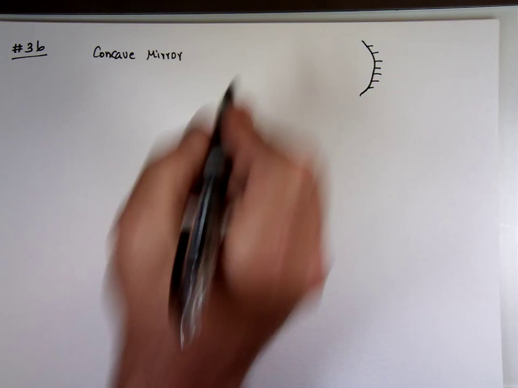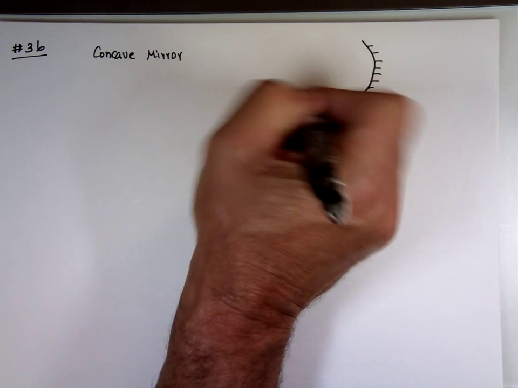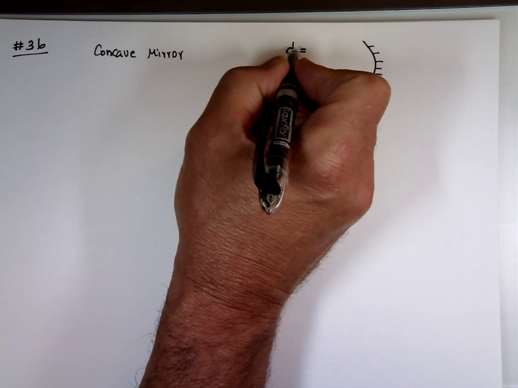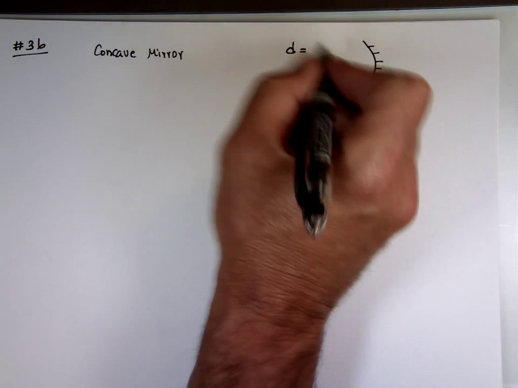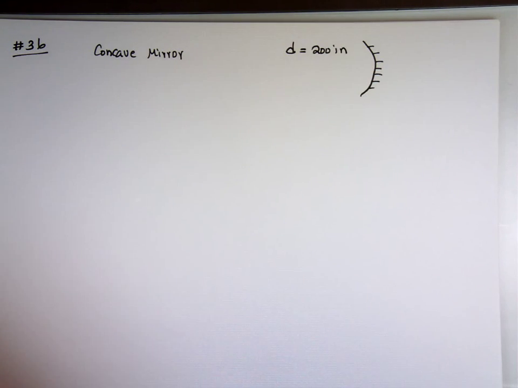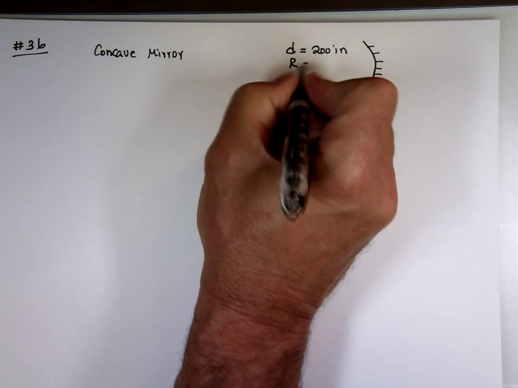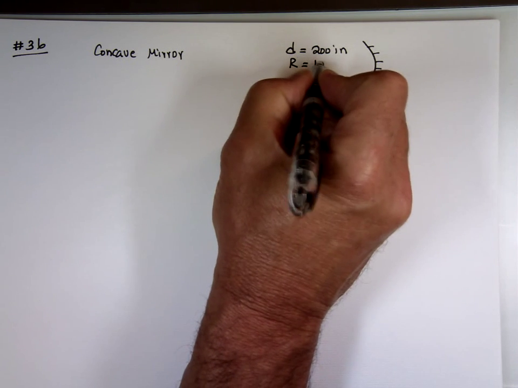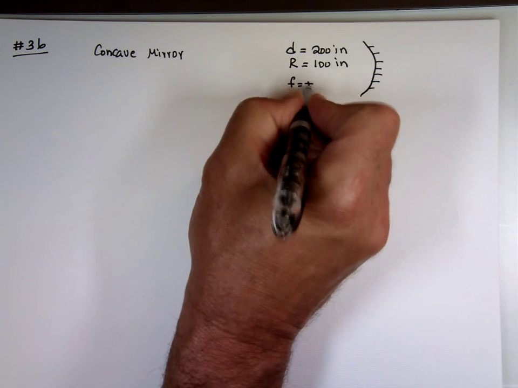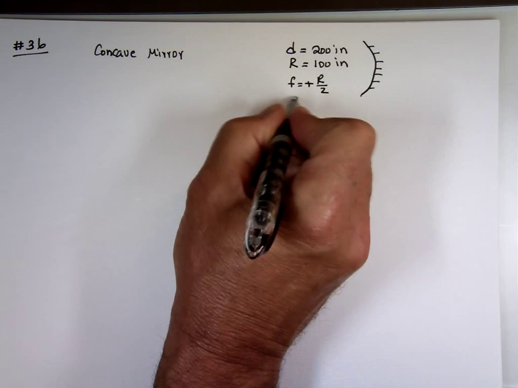It comes from a sphere that has a diameter equal to, wow, 200 inches. I thought it was meters. That means the radius is 100 inches. And the focal point is positive, the radius over 2. So my focal point here is 50 inches.